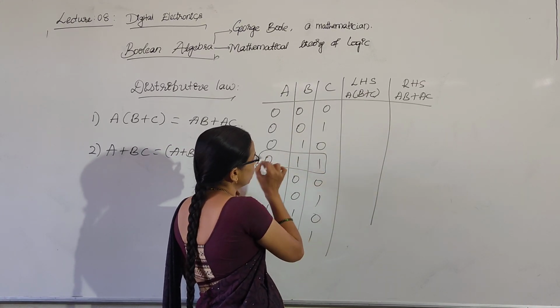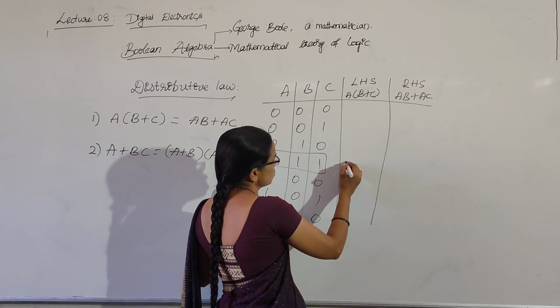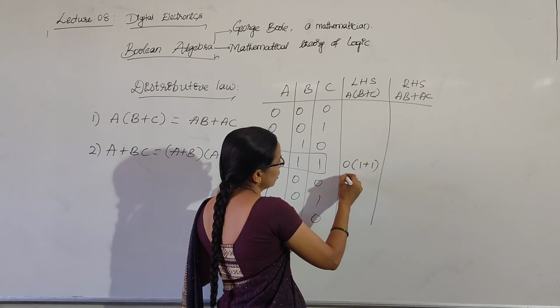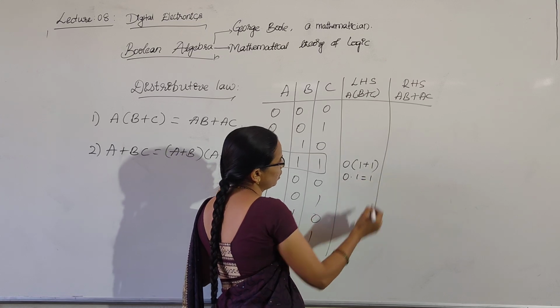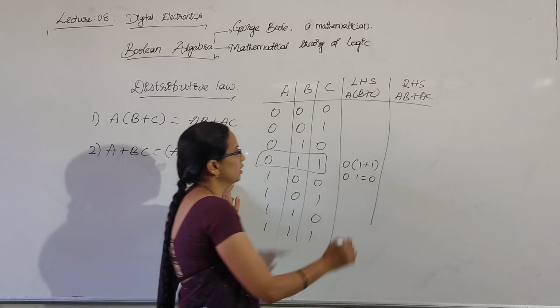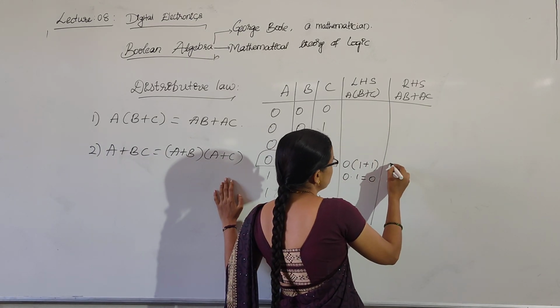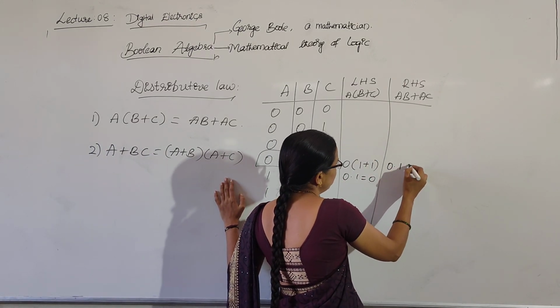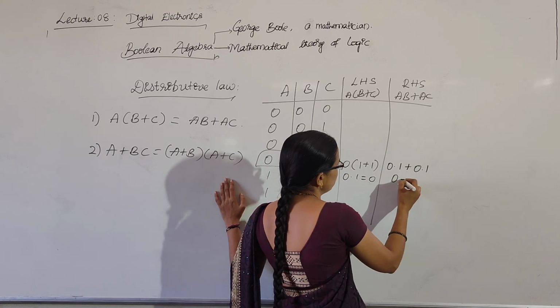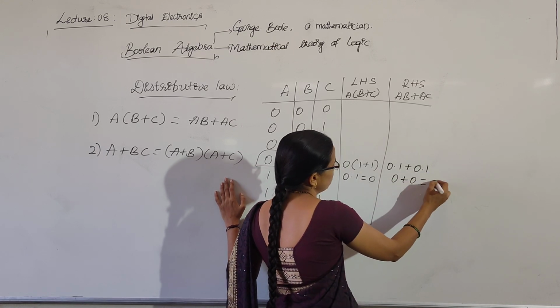Take randomly this one. 0 or 1 or 1. 0 and 1, that will be 0 only. Right? Here in RHS 0 and 1, 0 and 1, again 0 or 0, that will be 0.